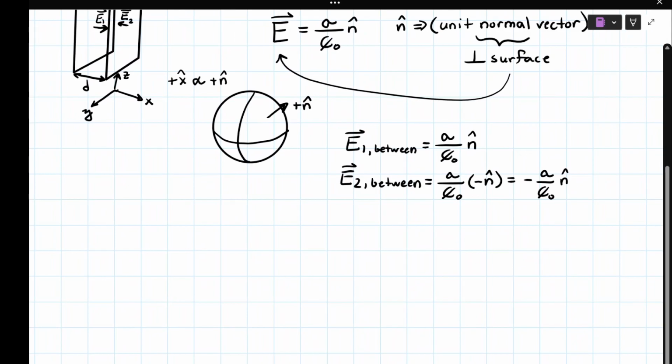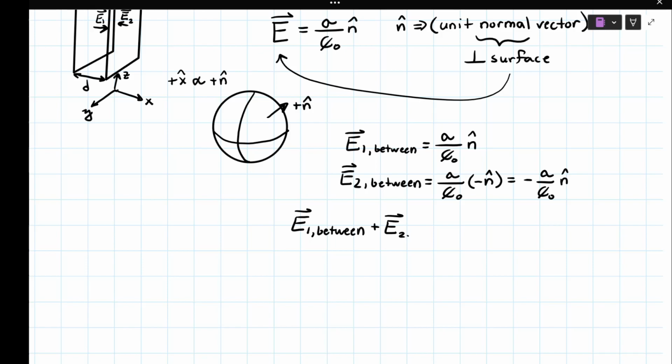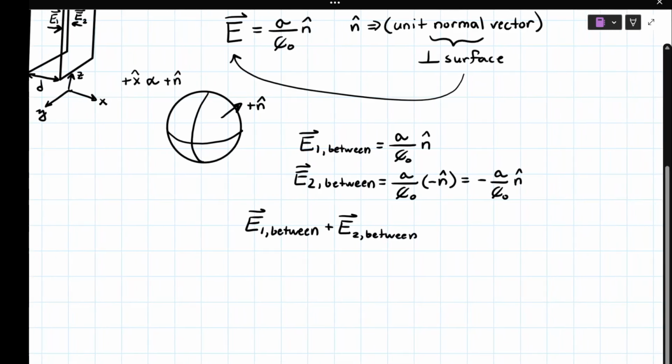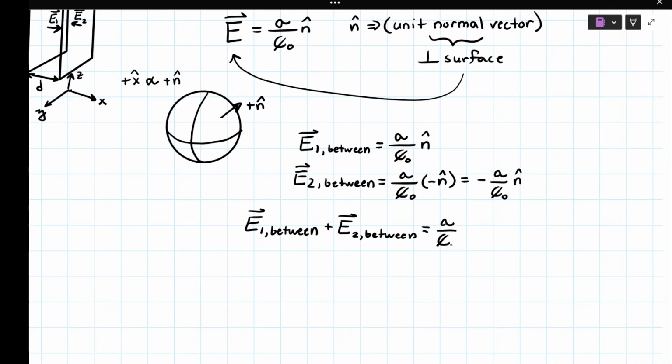So what you do is you just sum them: E1 between plus E2 between, okay? And that's going to be fairly simple. It's just going to be 0. And I'll write out, just for our edification here, that we have the same exact magnitude, these electric fields, just pointing in opposite directions, which will cancel each other out.